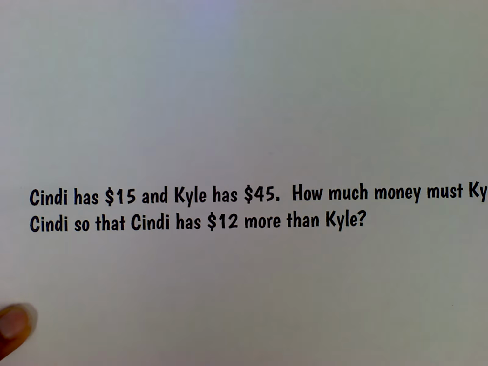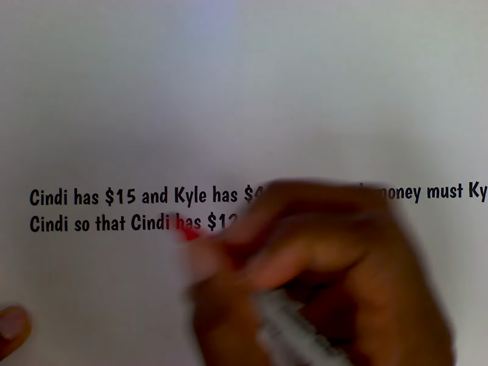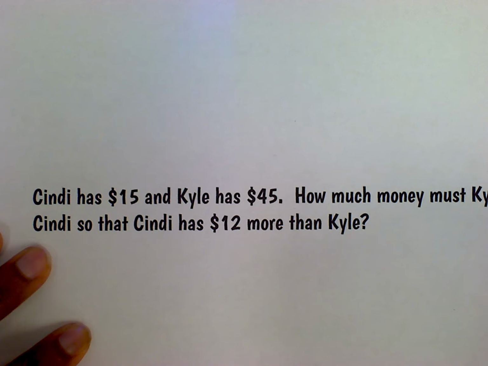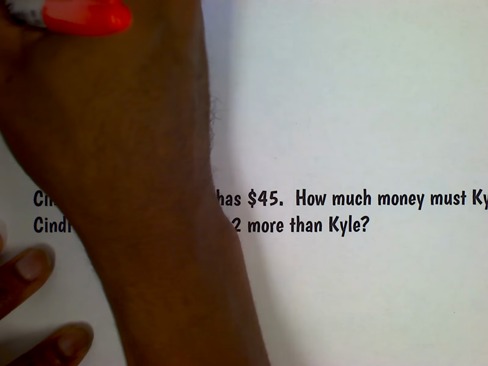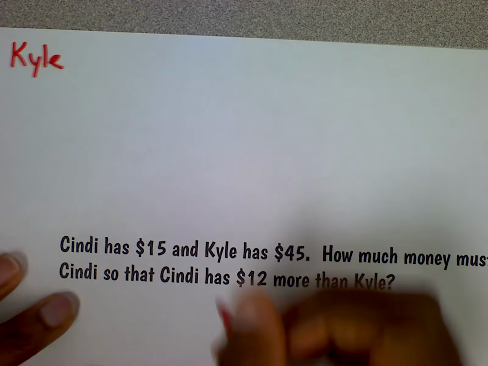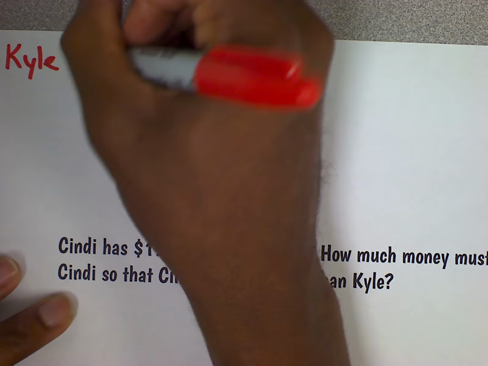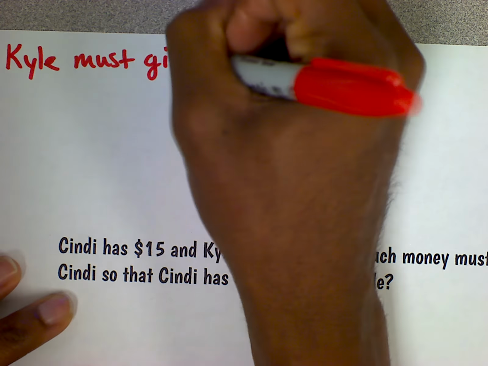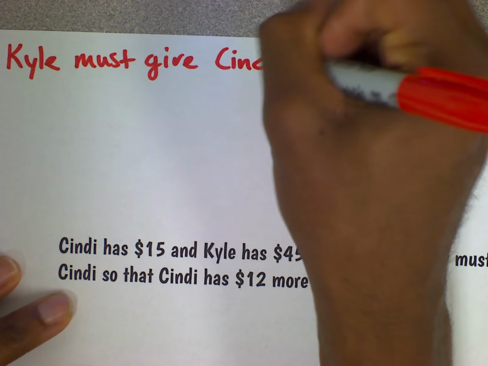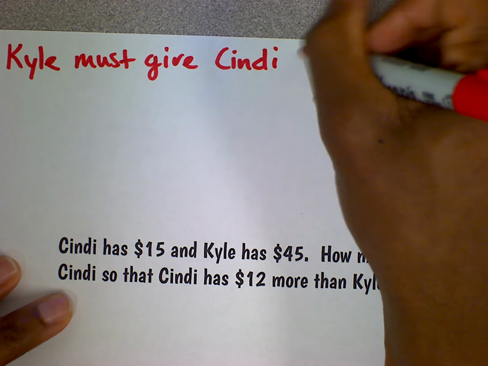Well, so that I truly understand what I'm doing, Mr. Evans always rewrites the question as a statement. Okay. So we're going to say Kyle must give Cindy blank dollars.